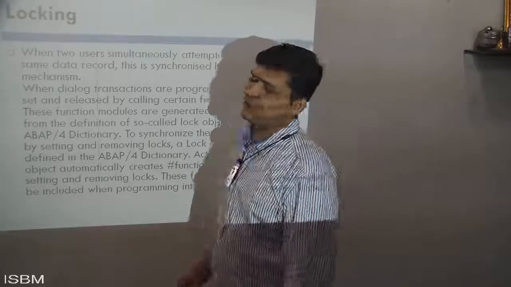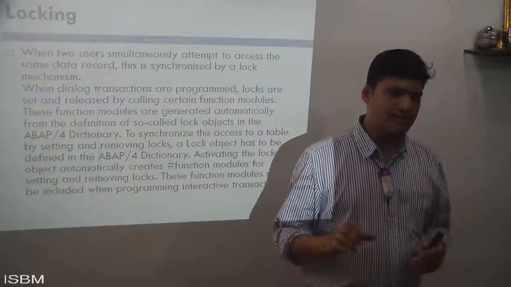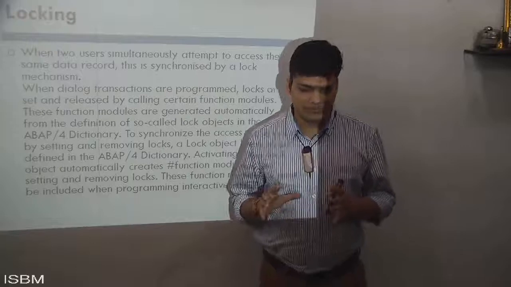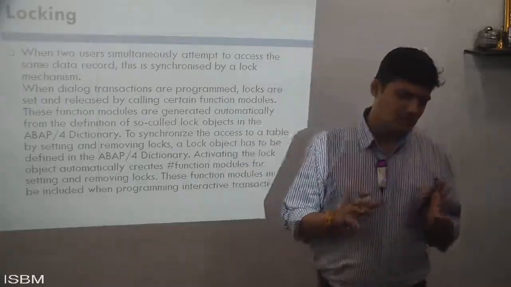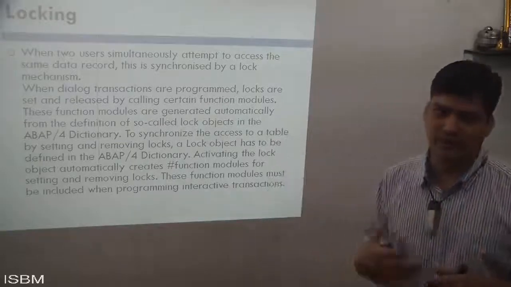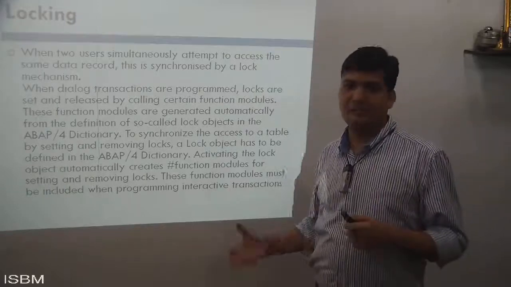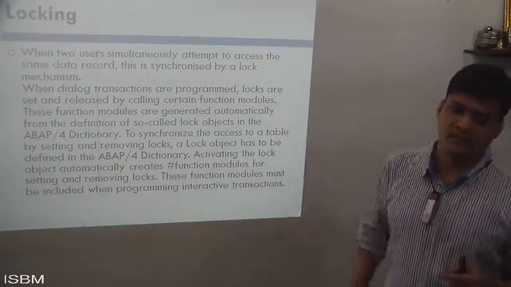So what is the locking concept? Suppose I am using a transaction like Migo or Miro, or I am creating a purchase order. At the same time, another person is not able to get inside that particular purchase order.